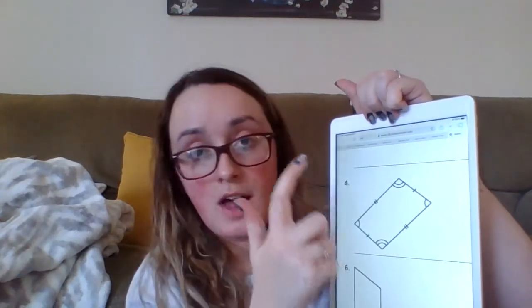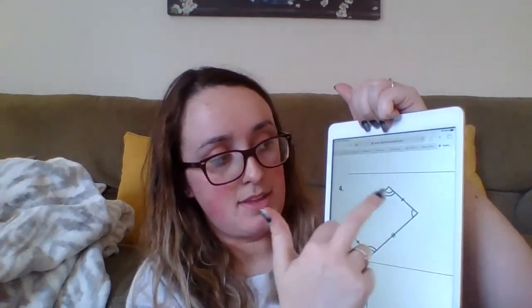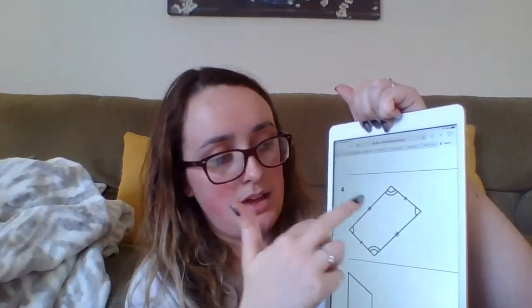Rhombus is classified as a parallelogram with 4 congruent sides. So that means all of these sides would be the same. Okay? They're not the same. 2 are the same, and then the other 2 are the same. But it's not the same. They're not all the same. So it wouldn't be a rhombus.